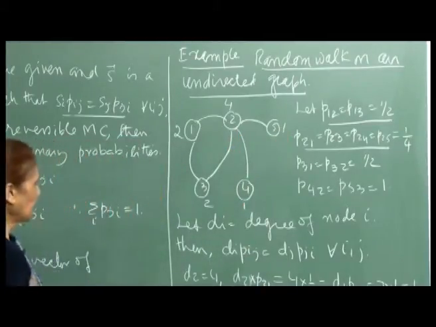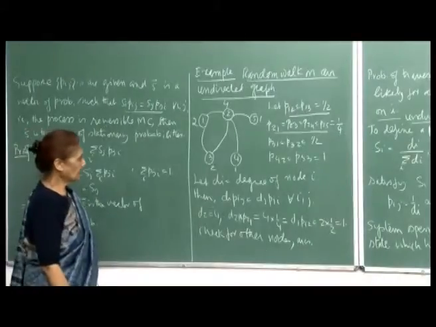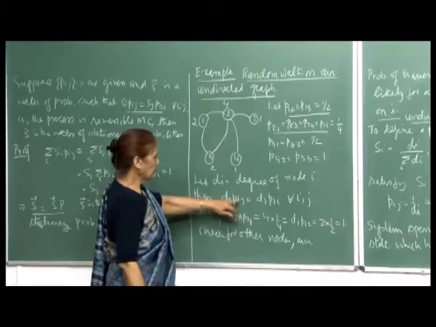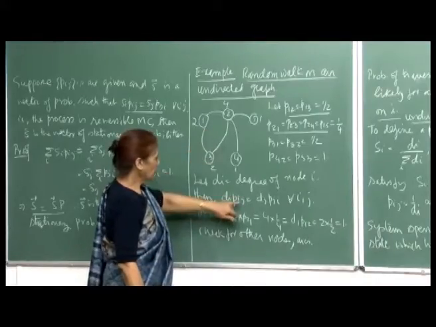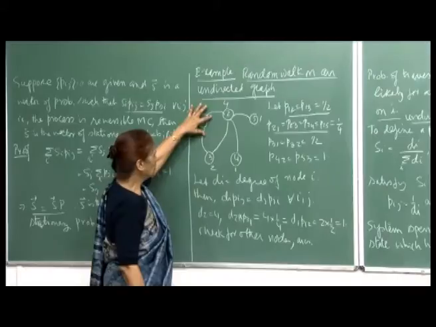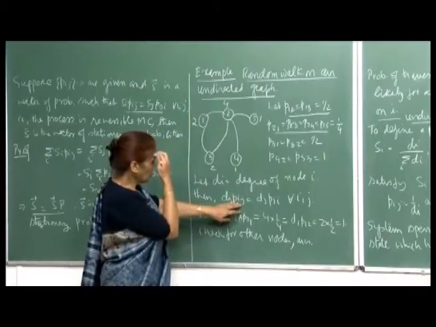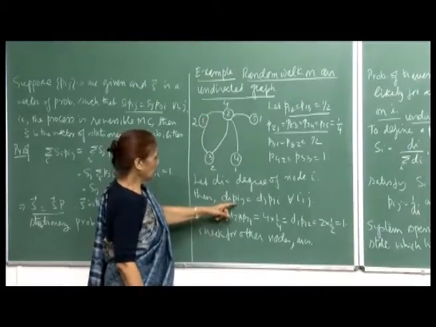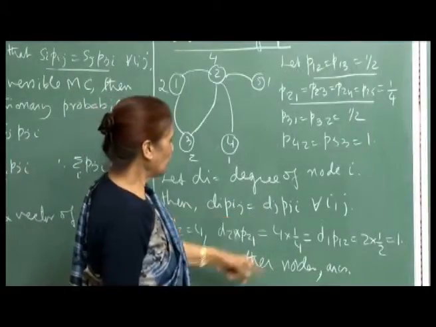And then because of this definition, you see immediately that P_ij is, suppose you are at node 1, then your P_ij is 1 by 2, because 2 edges are incident. So, this is equal to 1 by d_i, since we are saying they are equally likely. So, d_i into 1 by d_i. Similarly, d_j into p_ji.